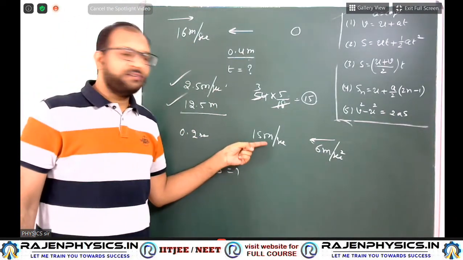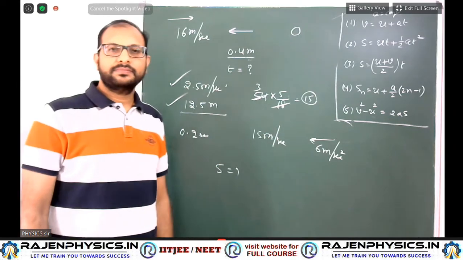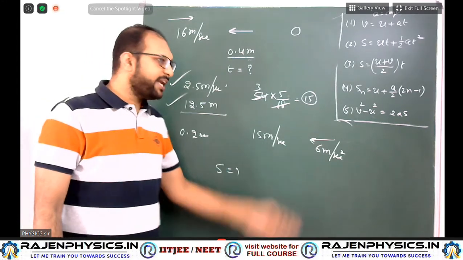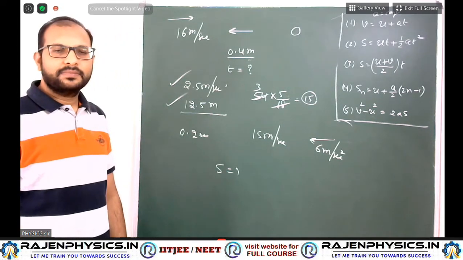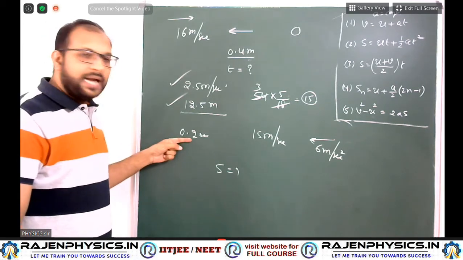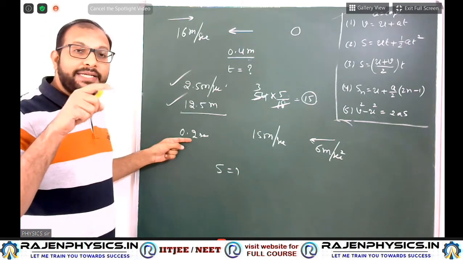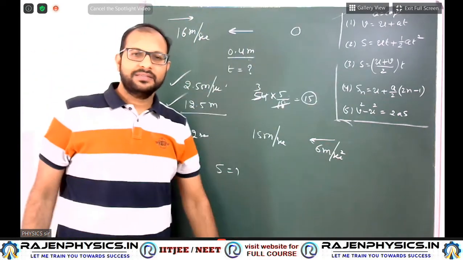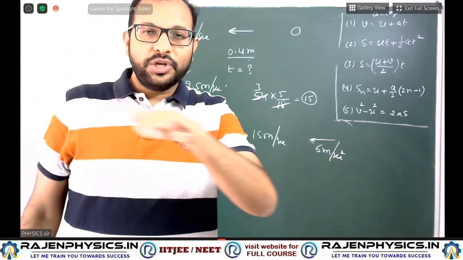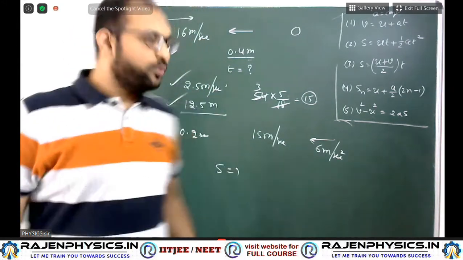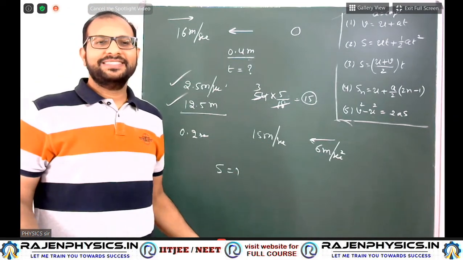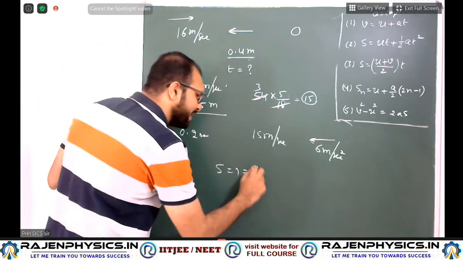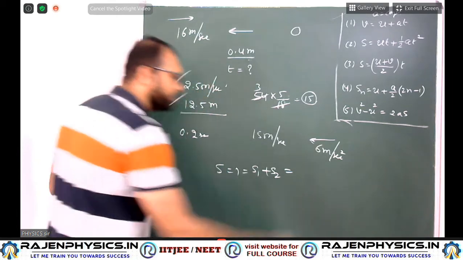Our vehicle is moving with 15 meter per second, and 0.2 seconds after finding the need, applies the brakes. Indirectly, students, in this 0.2 second our vehicle moved with constant speed 15 only. That's why S is nothing but S1 plus S2.